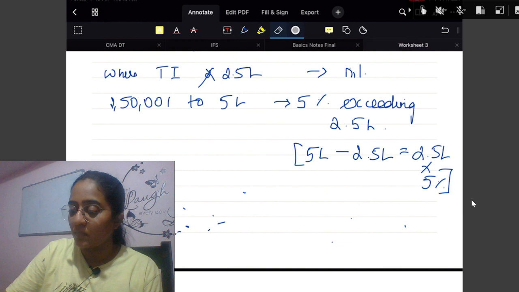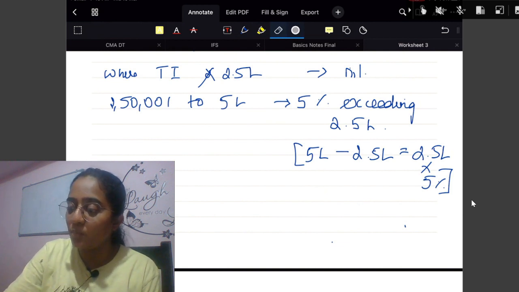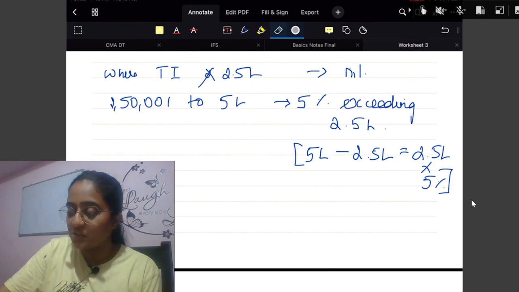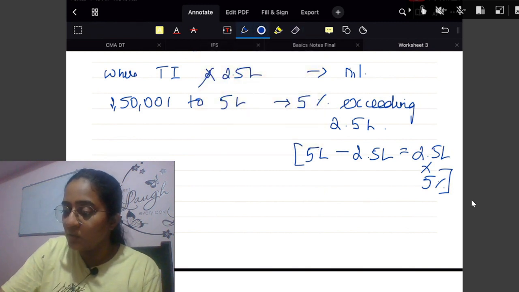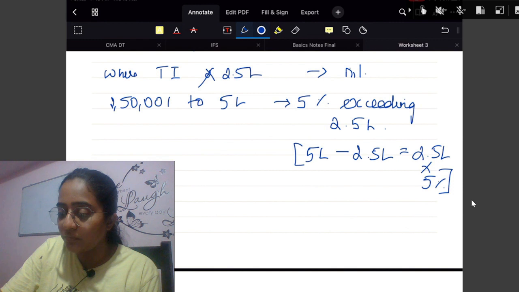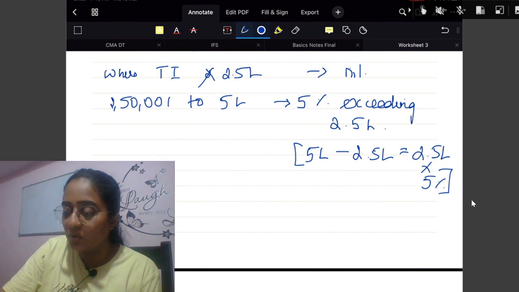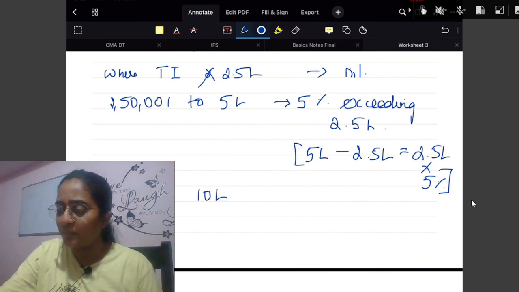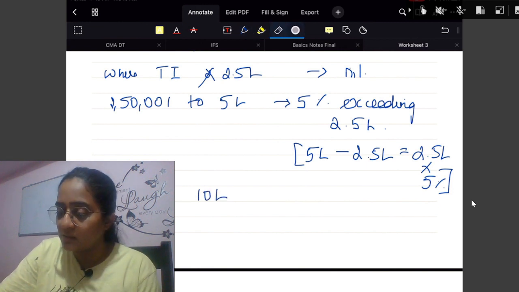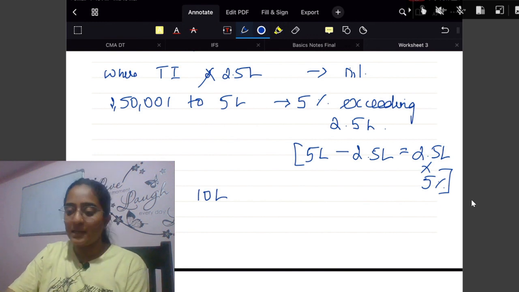So now, with respect to the next one, we are moving forward for the individual only. Here the next slab comes with 5 lakh to 10 lakh. That is, you can consider 5 lakh 1 rupee to 10 lakh.